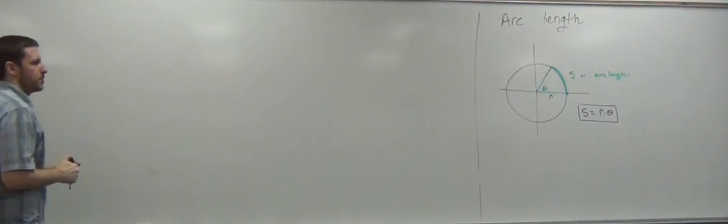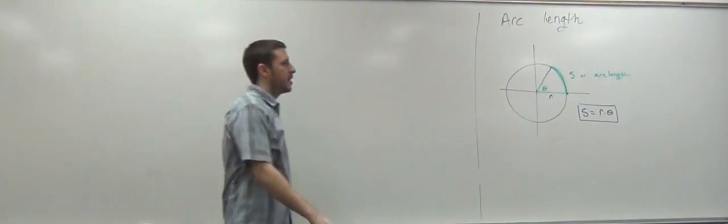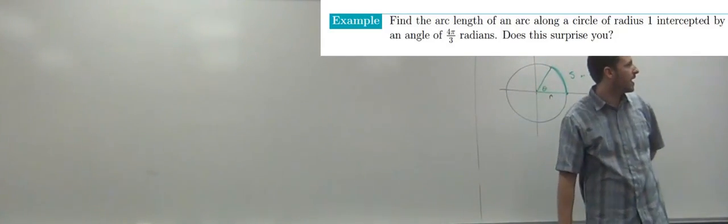So if I give you, for example, let me start with the last one. Find the arc length of an arc along a circle of radius 1 intercepted by an angle of 4 pi over 3 radians.